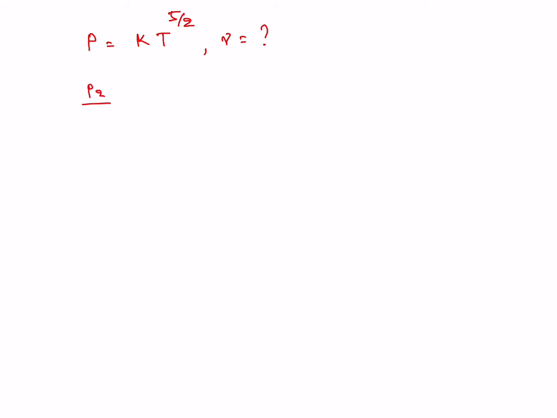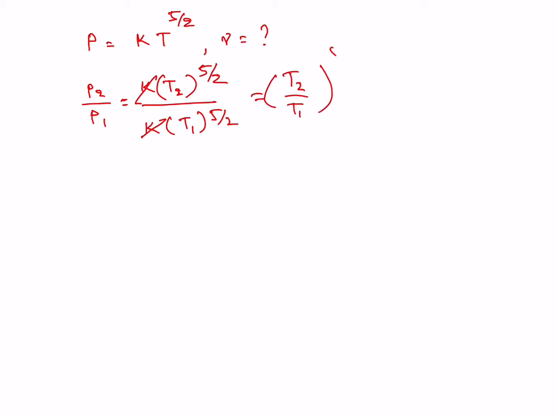Then P2 by P1, how much will you get? K is constant. So P2 by P1 equals K T2 to the power 5 by 2 by K T1 to the power 5 by 2. K cancels. Then you get T2 by T1 to the power 5 by 2.